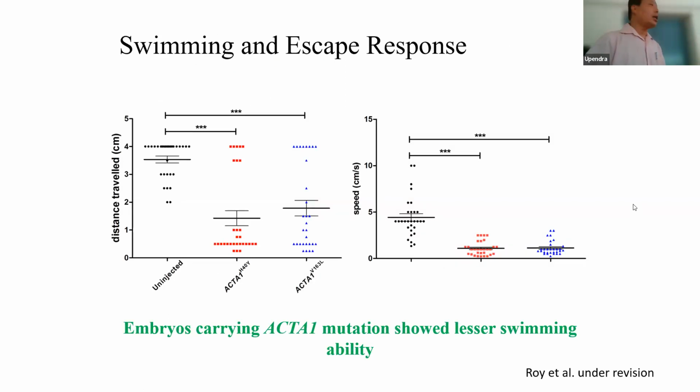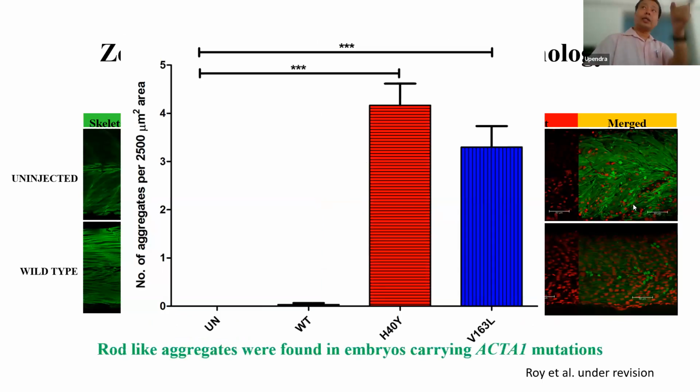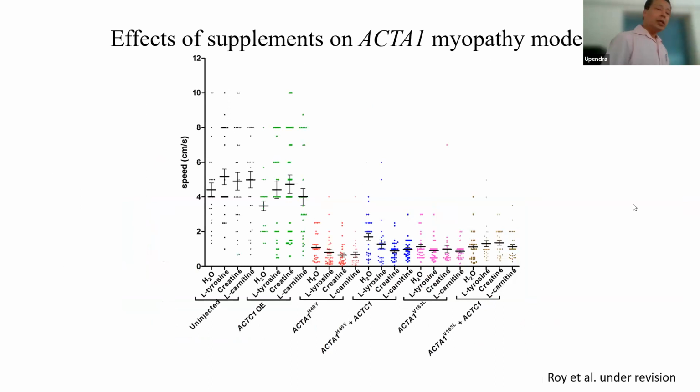We knew that the supplement should not work, so we tested it. Just like in the human condition, protein aggregates were more, and swimming, escape and behavior were all abnormal. Most importantly, the supplement that doctors are prescribing at the moment did not help.